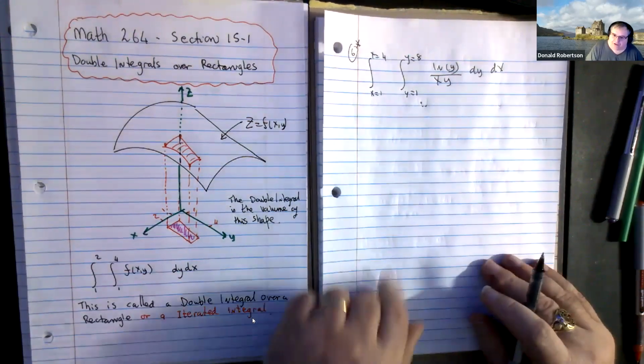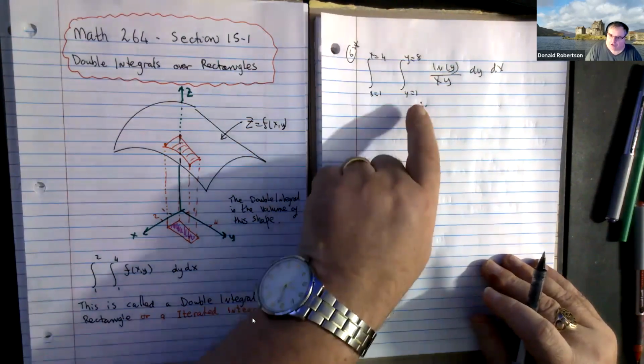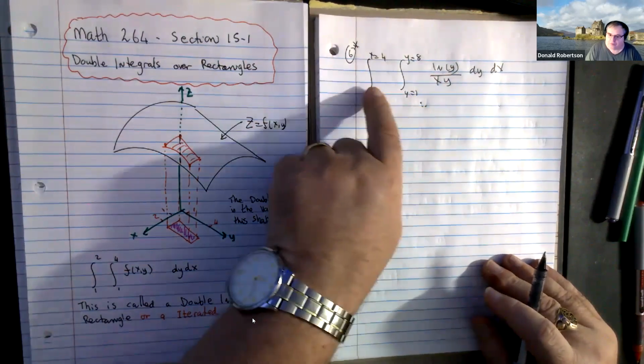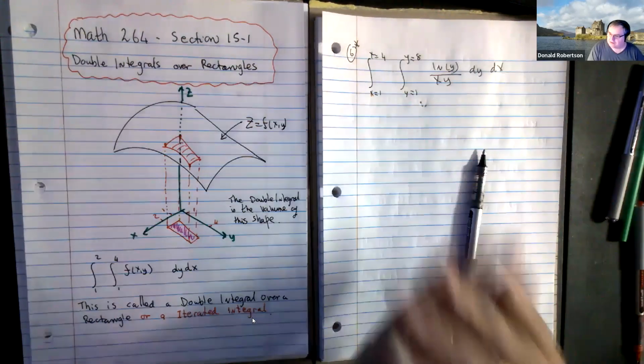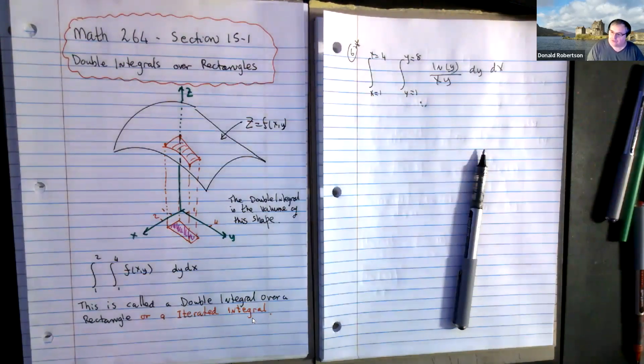And the rule says if you're doing a double integral over a rectangular region, in other words, these are all numbers, we know that we can switch the order. I've talked about that. But you can do something else. You can separate them out.